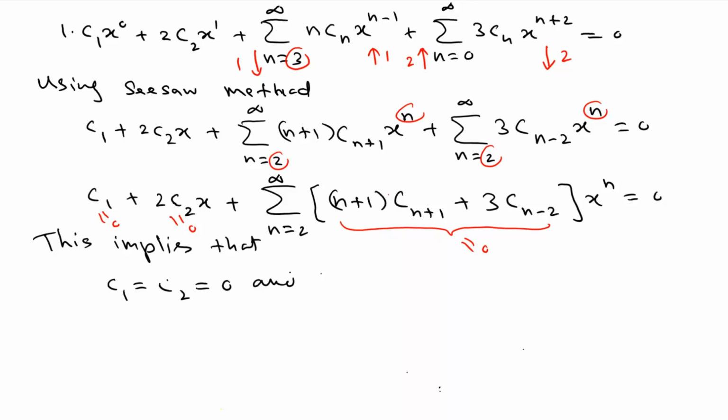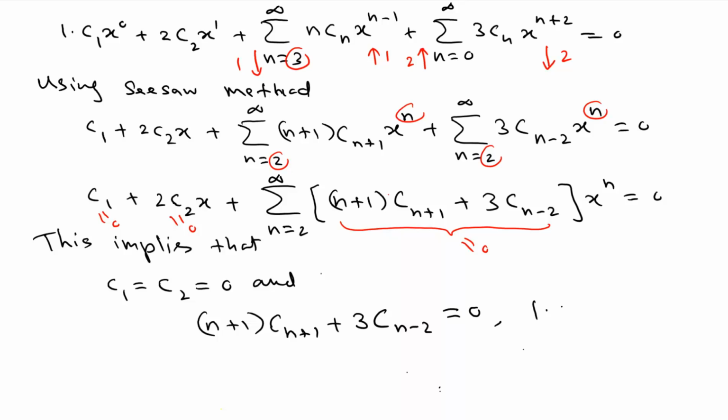and we have n plus 1 times c to the n plus 1 plus 3 c to the n minus 2 equals 0 for what?